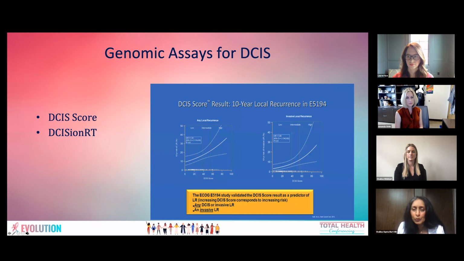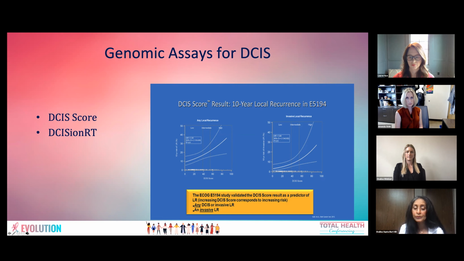But I think it's valuable to have this DCIS score just to give each individual woman an idea of what is driving her DCIS. One of the most interesting features of this particular score is it does give us an idea of tumors that may end up having a higher likelihood of invasive recurrence, and those patients may end up opting to have radiation instead of being observed.